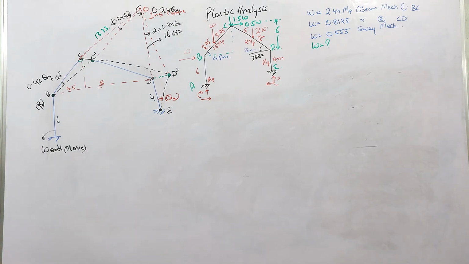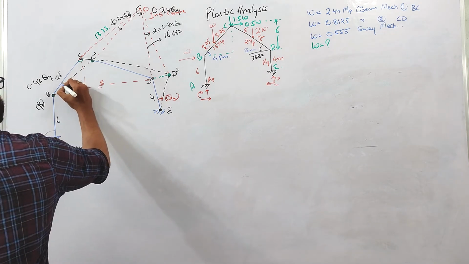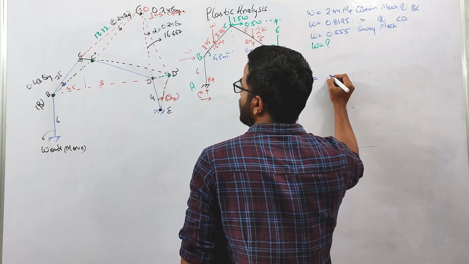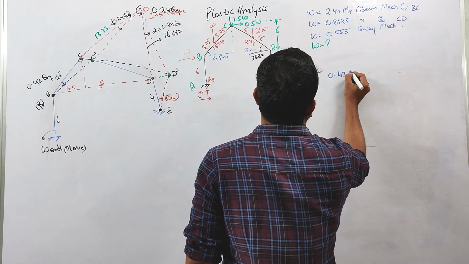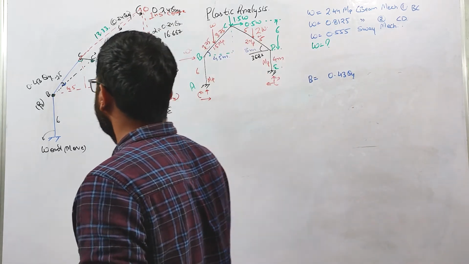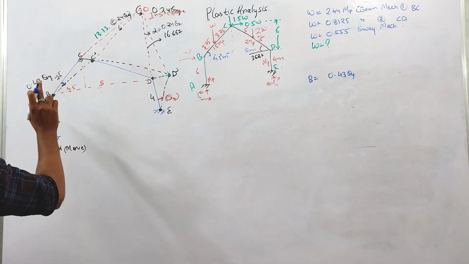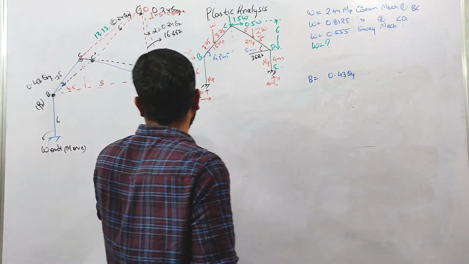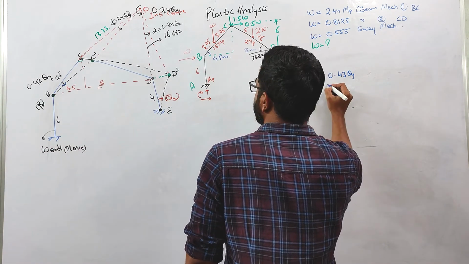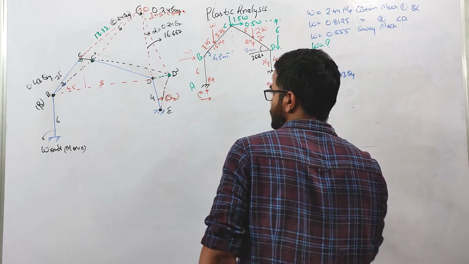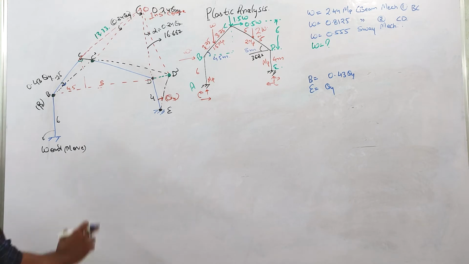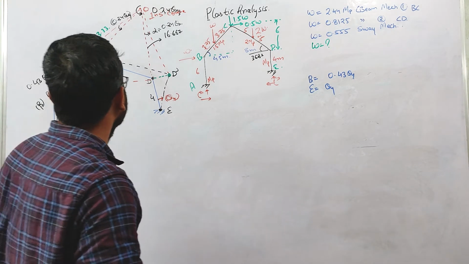Now I can say that at this B point, we are having rotation of 0.43 theta 4. Only this member is rotating, this member is not rotating, so net rotation at this B point is 0.43 theta 4, right? What about at E point? At E point, it is equal to theta 4, right? I'm not bothering about direction right now. And what about C point? This is important.